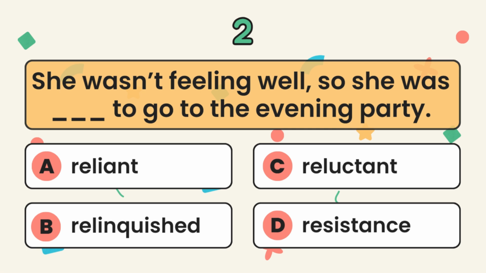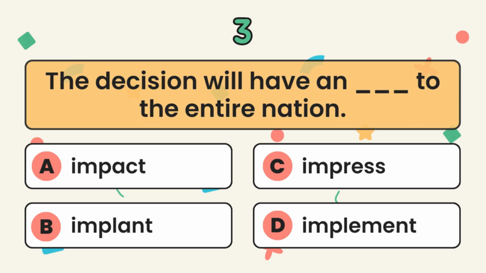And then next for number 3. For number 3, the decision will have blank to the entire nation. So the correct answer there is the word impact. Why impact? Because merong word na have an. So definite, so which means merong outcome.